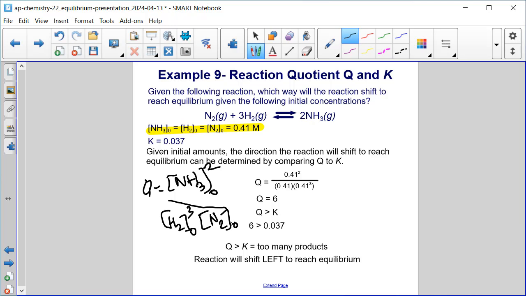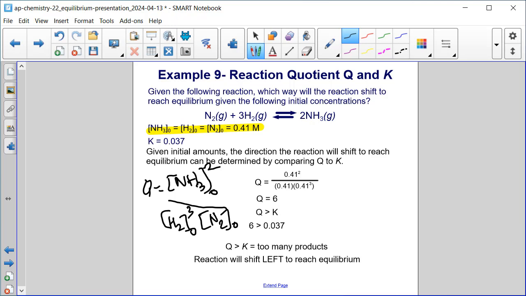Okay, so all of those concentrations are 0.41. So you can see I've substituted here 0.41 squared divided by 0.41 for the N2 times 0.41 cubed for the H2. When you do this, you get approximately 6, I think maybe 5.95, approximately 6.